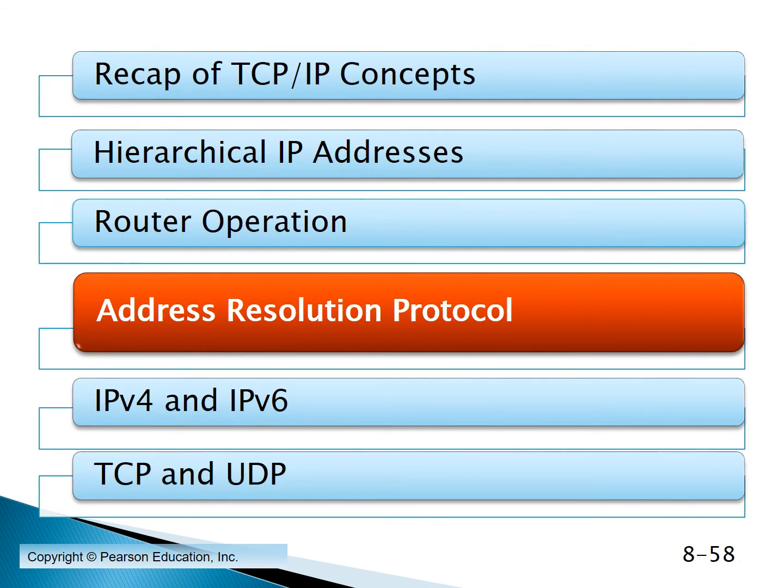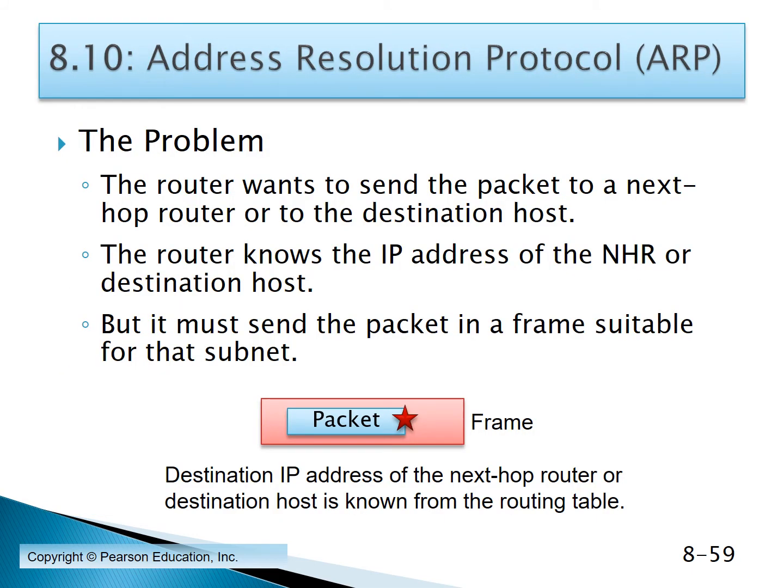So now we'll look at something called the Address Resolution Protocol, ARP. The problem is that the router wants to send a packet to a next hop router or to a destination host. The router knows the IP address, but it must send the packet in a frame that is suitable for that subnet.